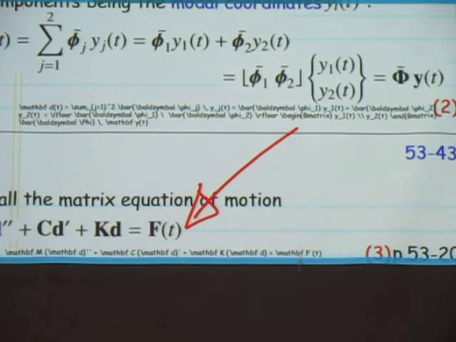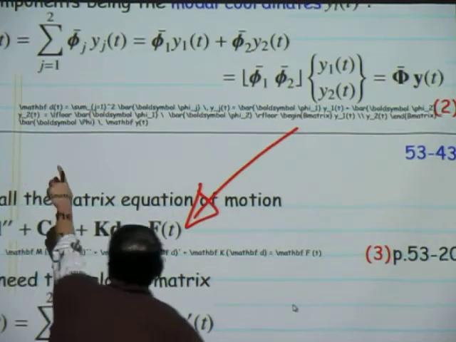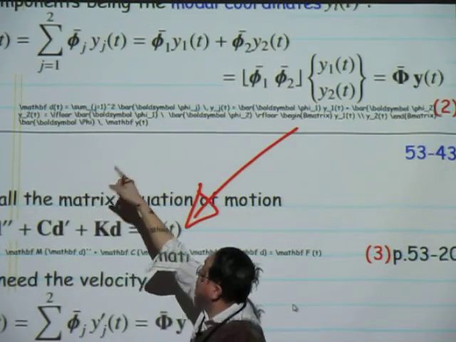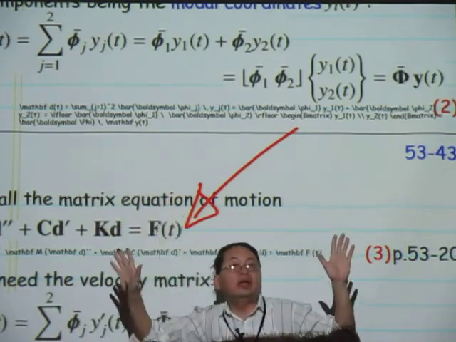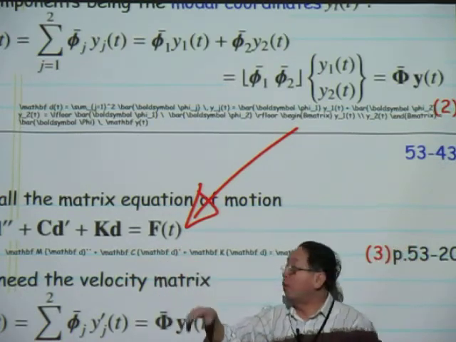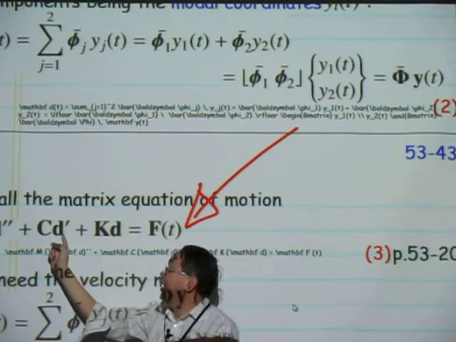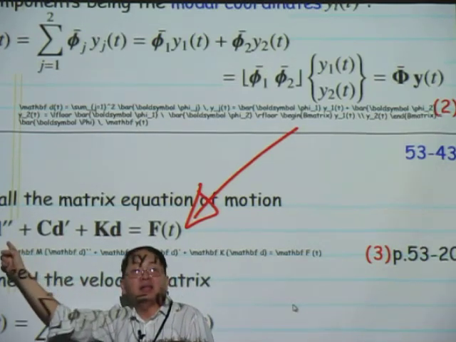Okay. So now you see you have expressed the displacement in the old coordinates with respect to the new coordinates, the eigenvectors. The new coordinates are called the modal coordinates. That's the displacement. Now you need to take care of the velocity and the acceleration.